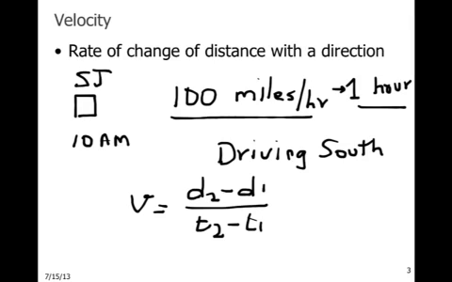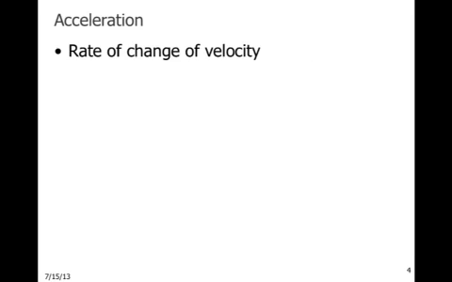Now we have speed and velocity. The next parameter, acceleration, is the rate of change of velocity. This is where using the formal t1 and t2 helps us.